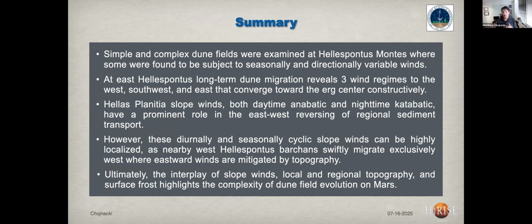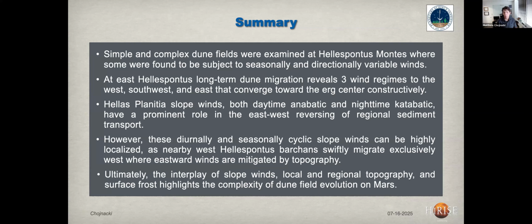So we saw simple and complex dune fields in Hellespontus Montes, where some were found to be subject to seasonally and directionally variable winds. At East Hellespontus, long-term dune migration reveals 3 wind regimes, from the west, southwest, and east, that all converge in the center of the erg. These are all most effective during the summer and spring when the season's temperatures are warmest.